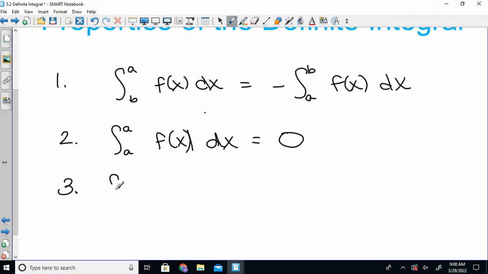Third. Okay. If I say capital F, what does capital F represent? Antiderivative. We've done antiderivatives, right?